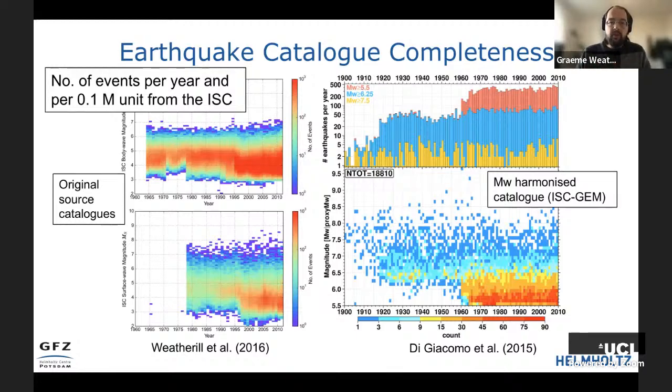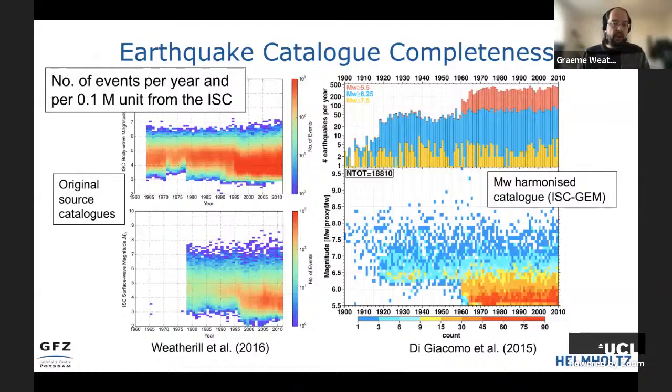But then we encounter a problem that comes up a lot in seismic hazard modeling, one of the biggest challenges we face, which is estimating our earthquake catalog completeness. So completeness, if you recall, as I said earlier, is the magnitude above which we assume that our earthquake catalog has registered every single event that's occurred.